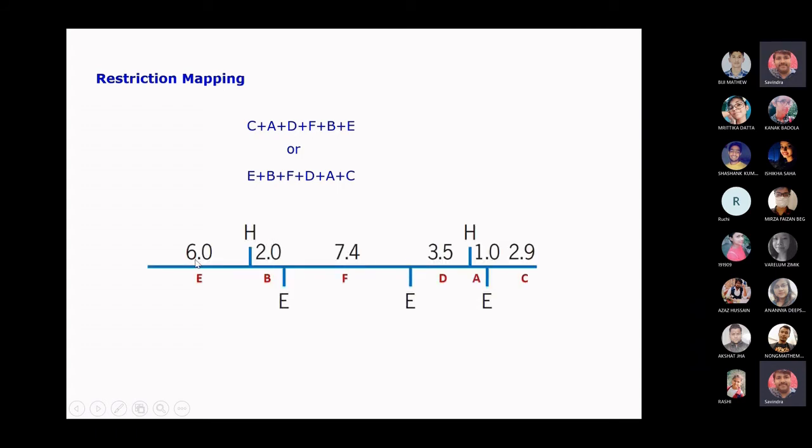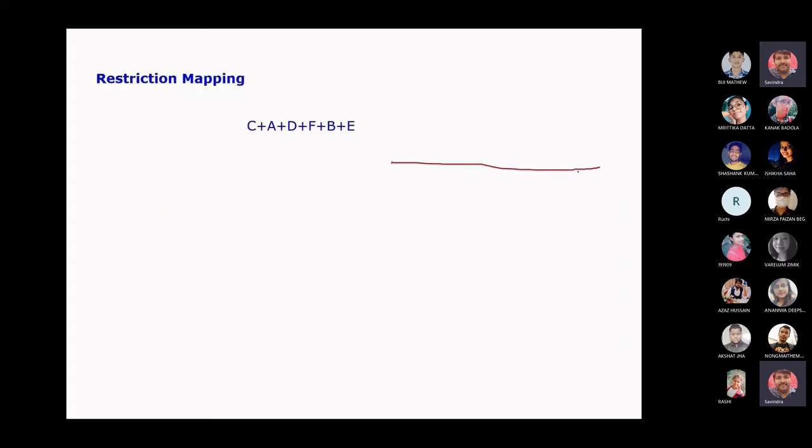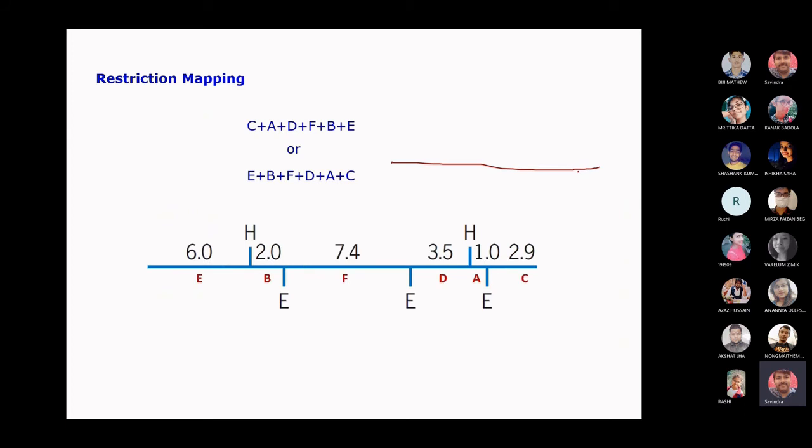So what we have done, first you will draw a line of total length. What was the length of this? total कितनी हो जाएगी इसकी, 8 plus 7 is 15, plus 4 is 19, plus 2 is 21, 22.8 kb. So what you can do, 22.8 सेंटीमीटर की एक लाइन खींच लेंगे. Then after 6 centimeter you will mark a line.